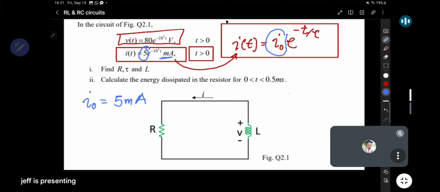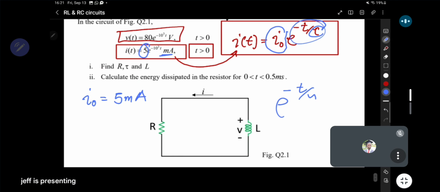Next, we have the expressions on top. We know it is e to the minus t over tau, which is the power there. So when I try to extract the tau from that expression, how do I do that?